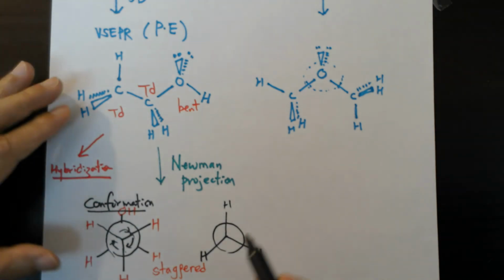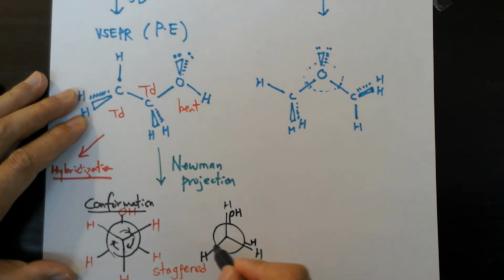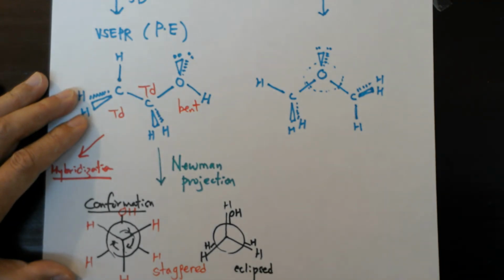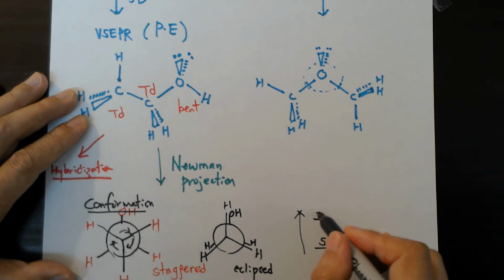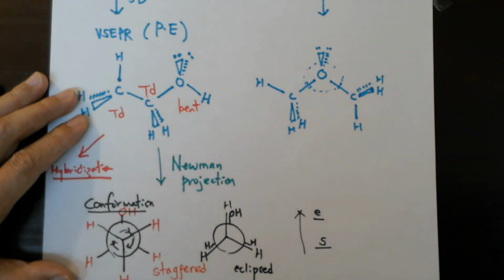But anyway, you still have OH behind, and hydrogen here, and hydrogen there, and that's eclipsed conformation. Energy-wise, staggered is more stable in this particular case. So here you have a staggered, and there you have eclipsed, meaning by some reason after a chemical reaction or something, if you happen to form eclipsed right after the change, then you know they don't stay like this.